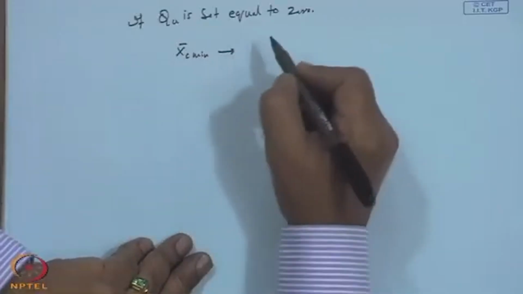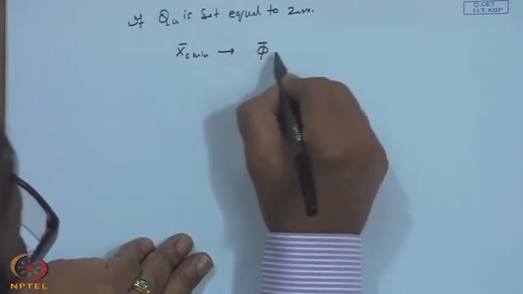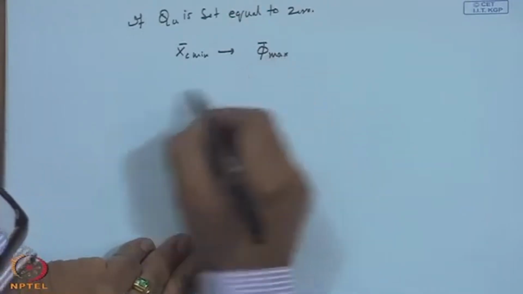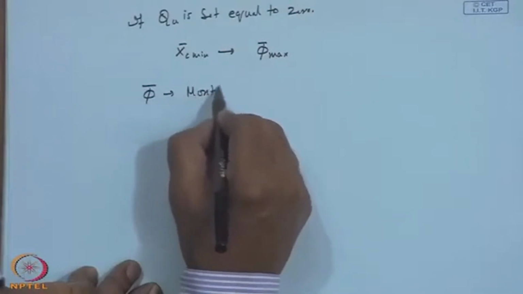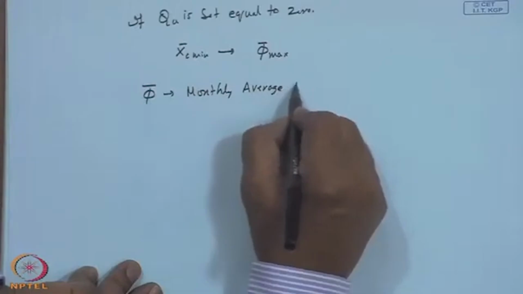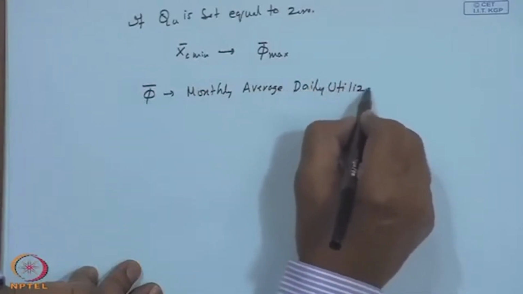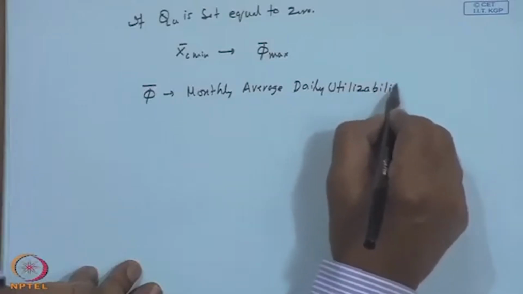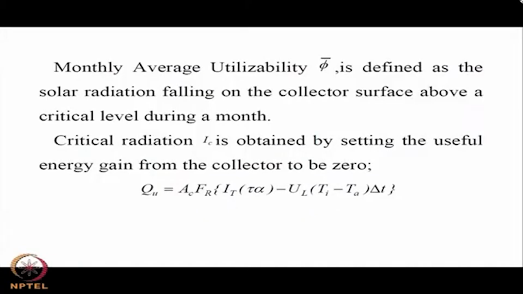will correspond to, we will spend considerable time on some monthly, and phi bar in general is the monthly average daily utilizability. We have also in a cursory manner introduced the concept of utilizability.